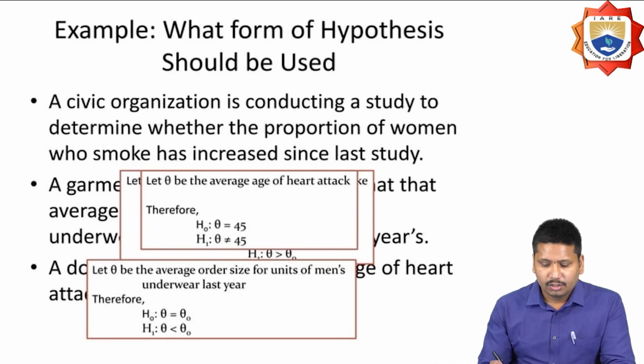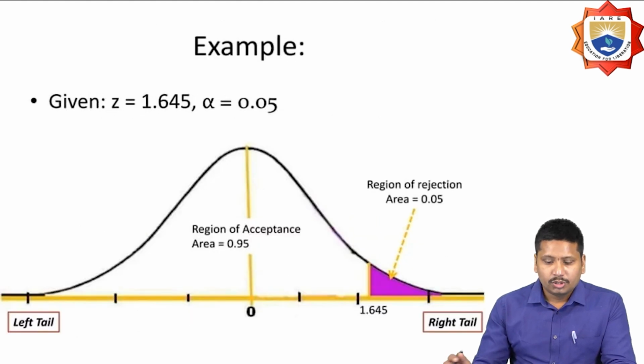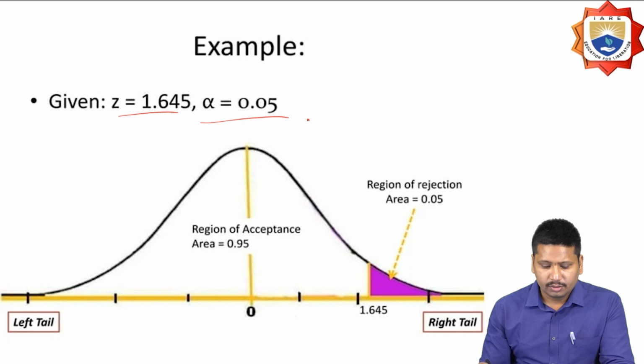So for that, suppose theta is the average age of heart attack patients, then what would H0 and H1 be? If H1 is greater than, less than, or equal to 0, we have to consider it. If I look at the graph, I get the critical value and alpha value like this.